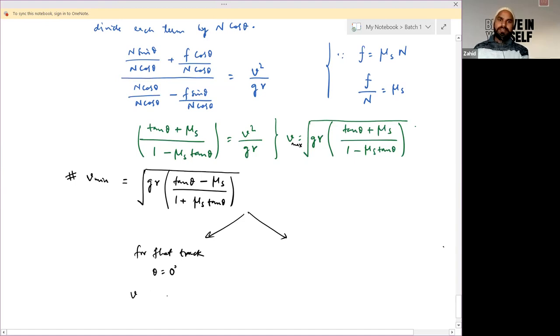So velocity will be root under g r times mu s.